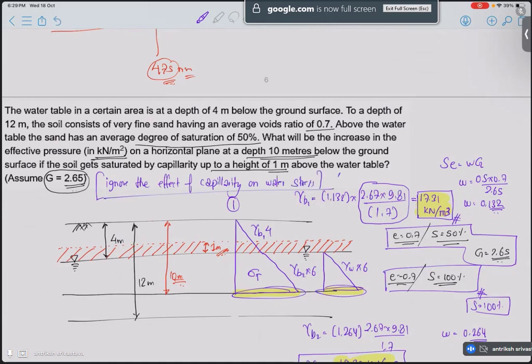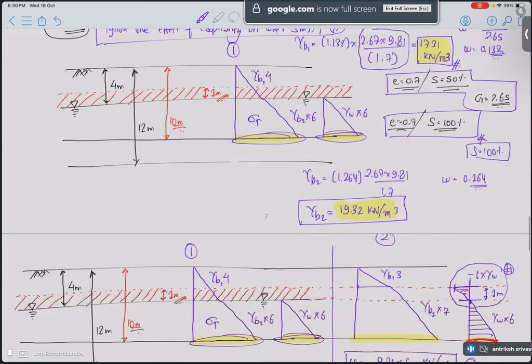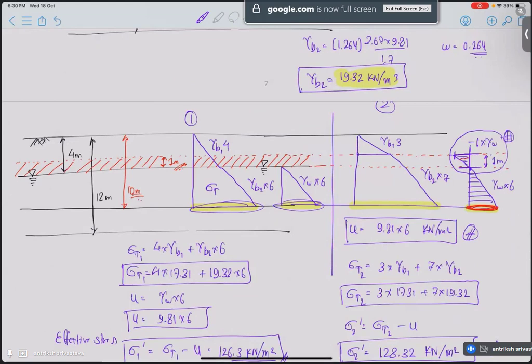In that case, you have to ignore the negative suction, the negative pore water pressure that is occurring. So in that case, the answer is going to change if they are asking about the stress in the capillary range within this 3 to 4 meter depth. Otherwise, the answer is not going to change.